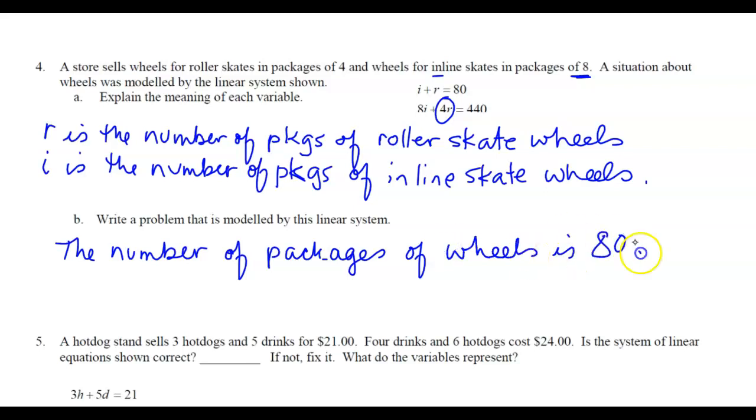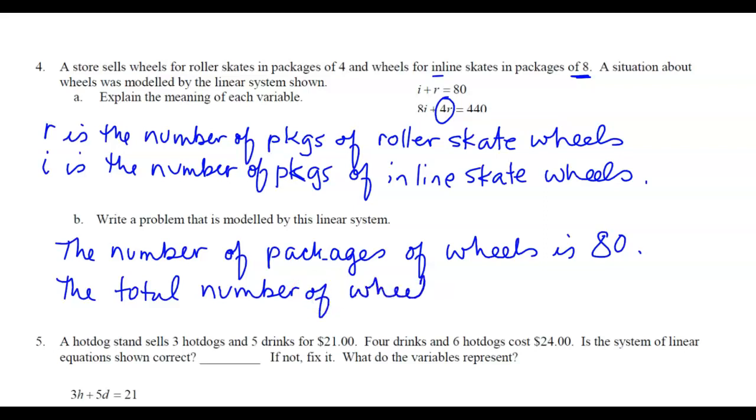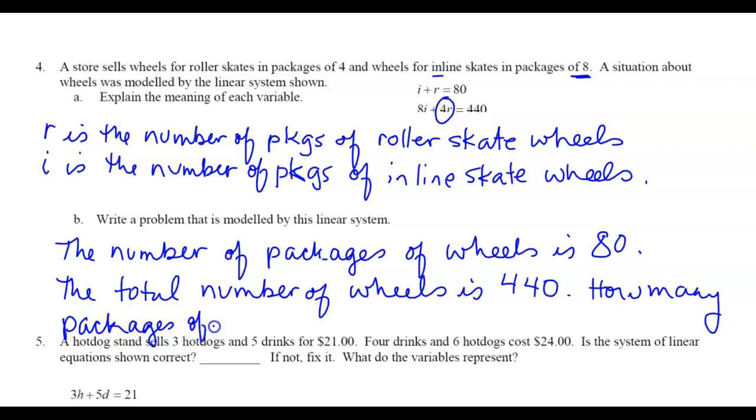The total number of wheels is 440. How many packages of each type of wheel were sold?